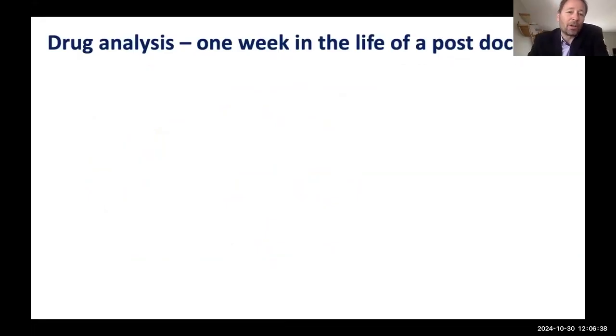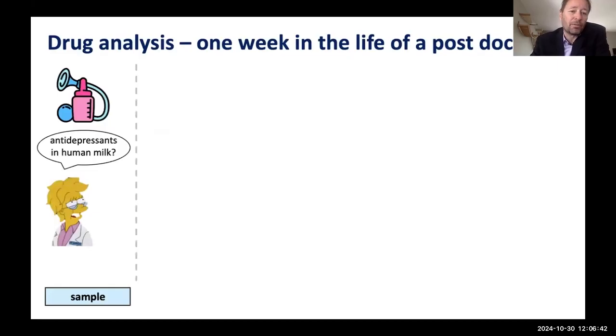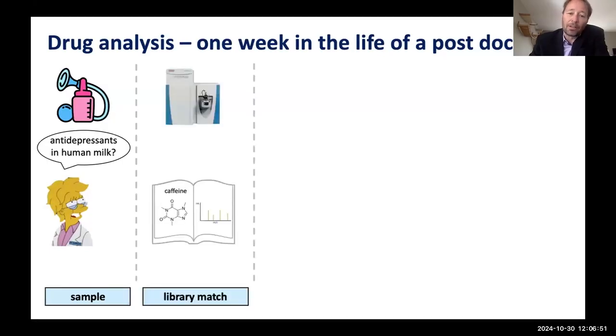This is a challenge for anybody who's working in my laboratory as well. So for example, if you want to say, I want to see if there are any antidepressants in human breast milk, we would collect untargeted metabolomics data, in our case, LC-MS/MS, where we fragment all the ions.